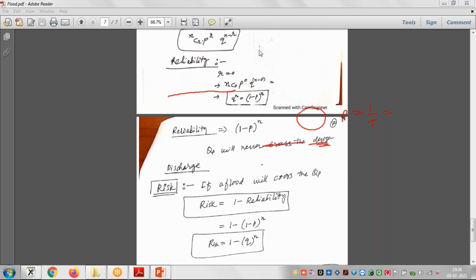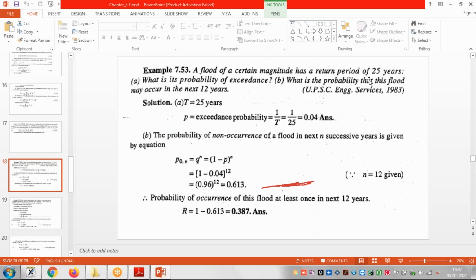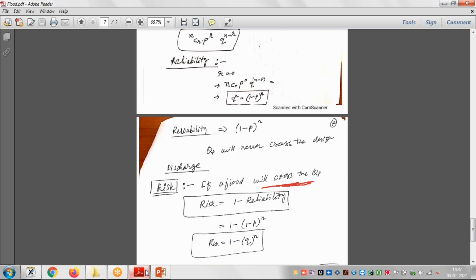Here I have mentioned that if a flood will cross the QP value, he is asking if it exceeds, what is the probability that the flood may occur in the next 12 years? It means we have to apply this formula: risk is equal to 1 minus q raised to the power n.